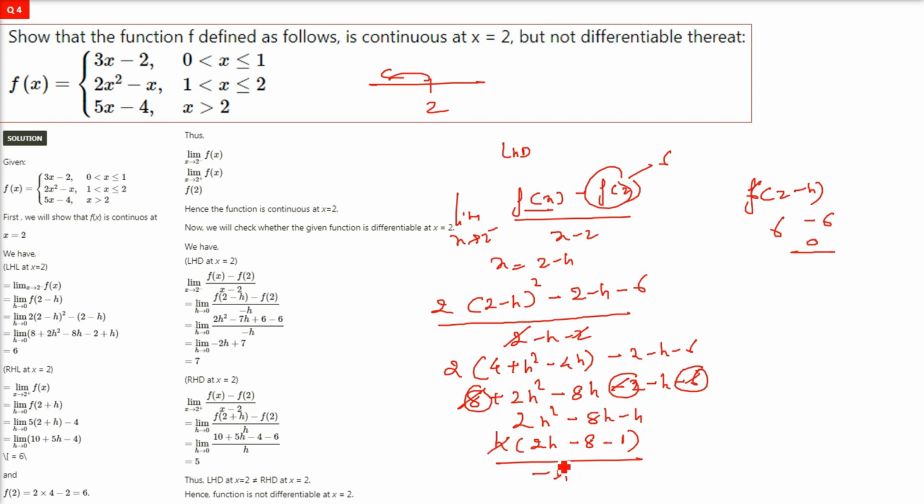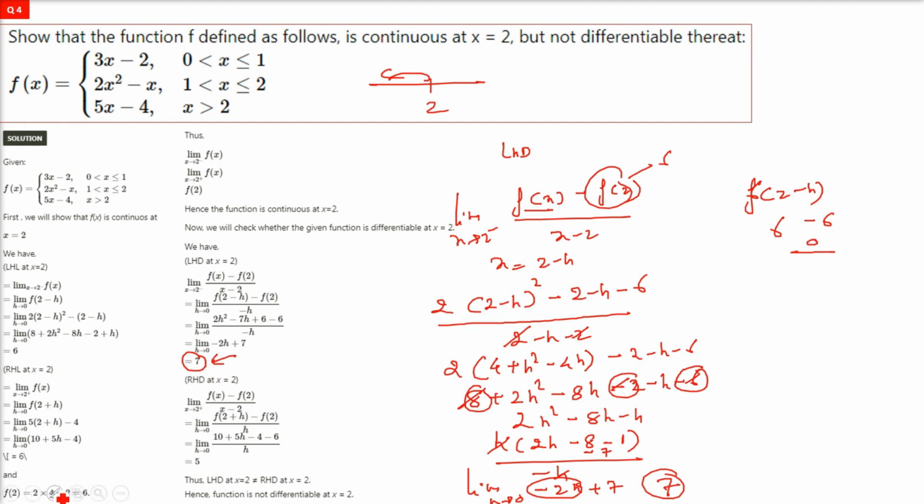So h gets cancelled. So it is minus 2h plus 7. It is going to be only 7 because when you apply the limit, it is going to be 7.